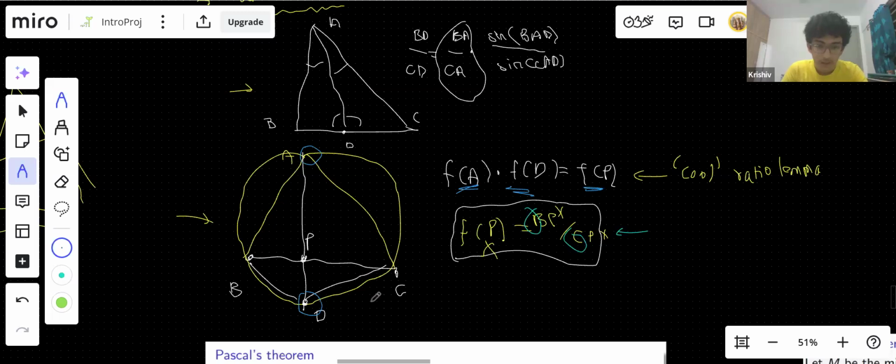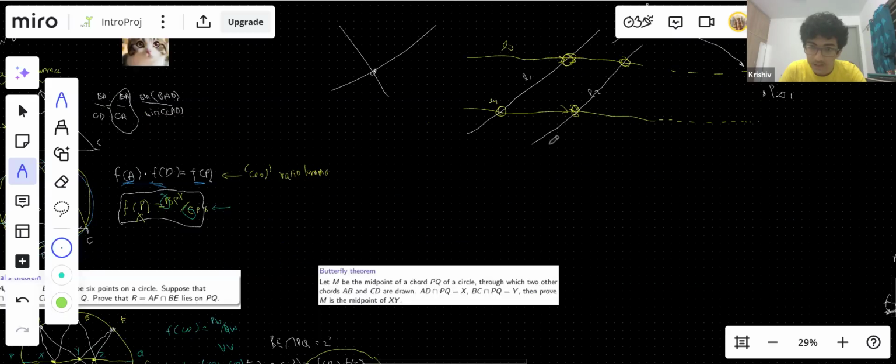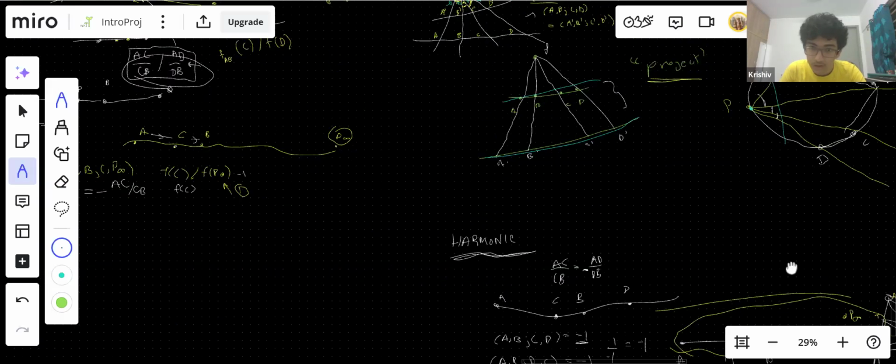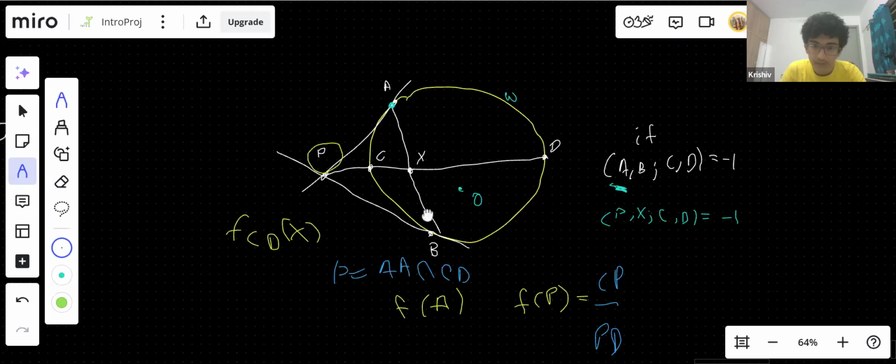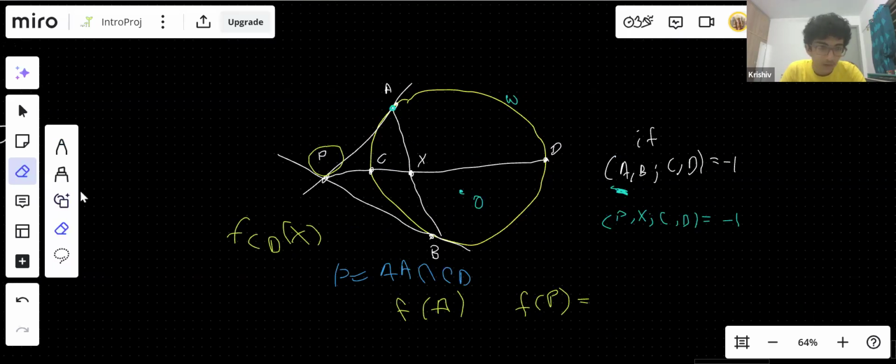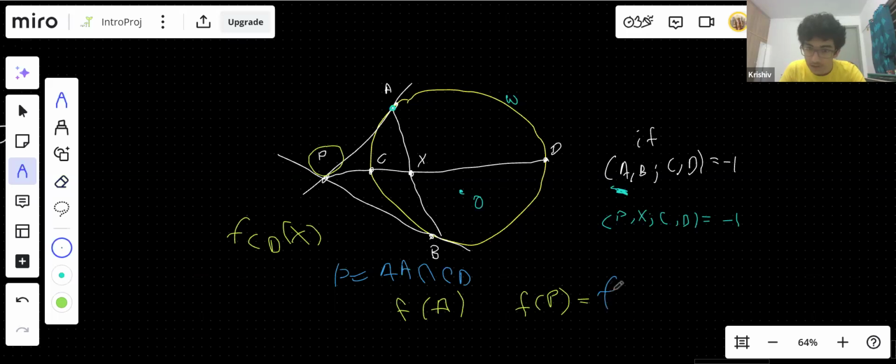So if you move D towards A, the line becomes a tangent, and the point P is over here. This is the same thing as what we have over here, right? So basically, by the ratio lemma, f of P is equal to f of A squared.